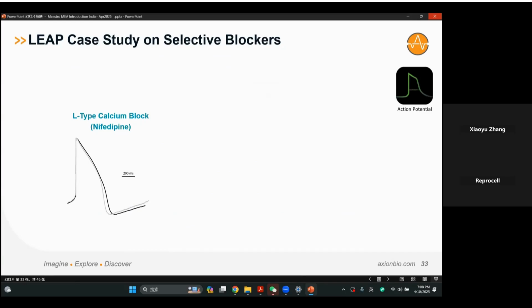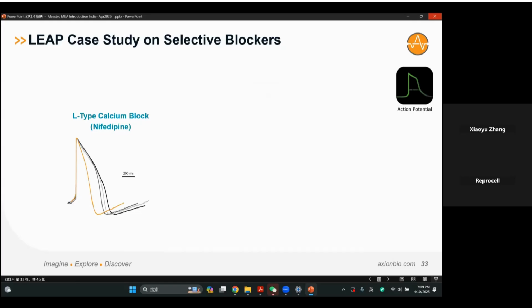And the advantages of the LEAP are highlighted by a few case studies in pharmacology. Here we illustrate the change in the LEAP signal in response to a block of calcium and potassium currents. Each waveform was acquired from an individual well and is referred to the vehicle control.